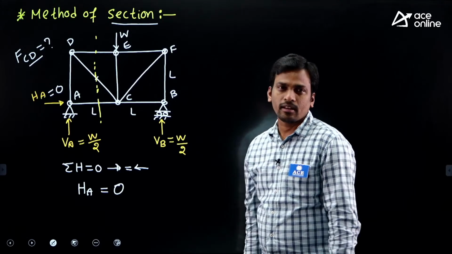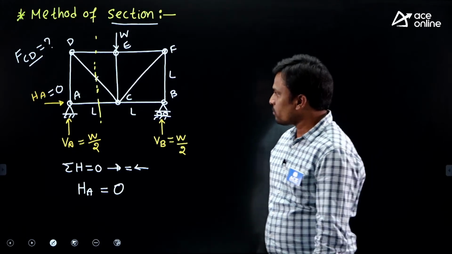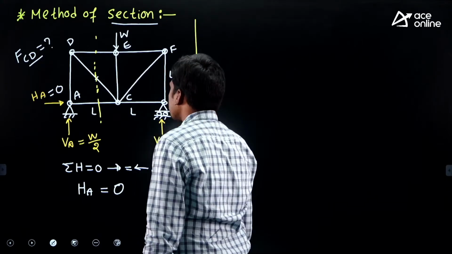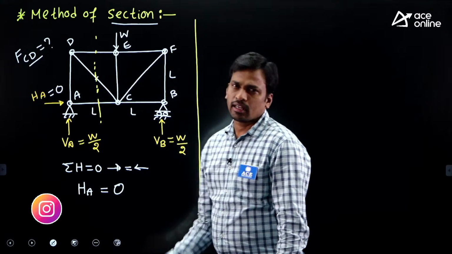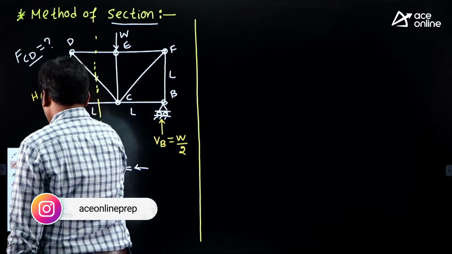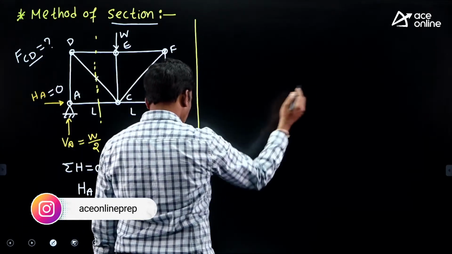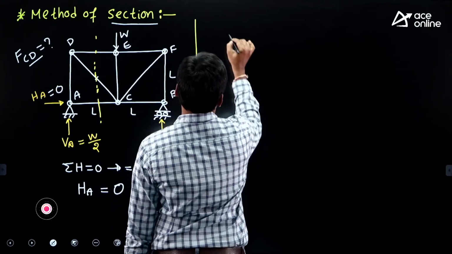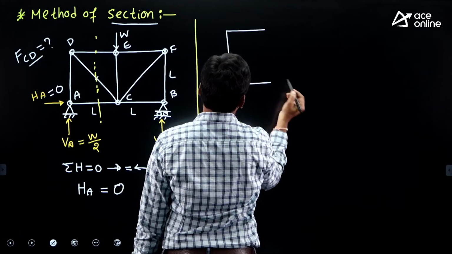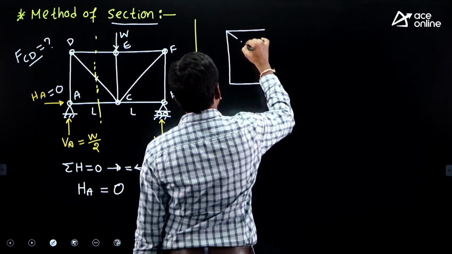So the two conditions are clear, right? Now, for example, I want to do the analysis for the left part of the structure. In the left part or right part, you will get the same answer. Now I'll draw the left part of the structure separately.